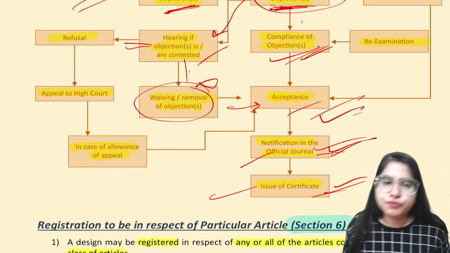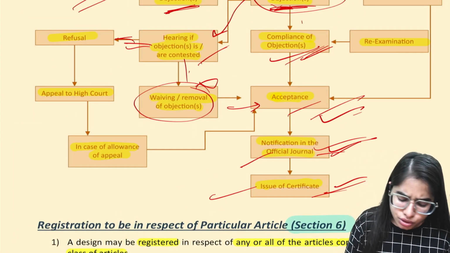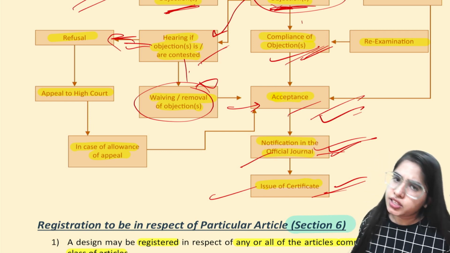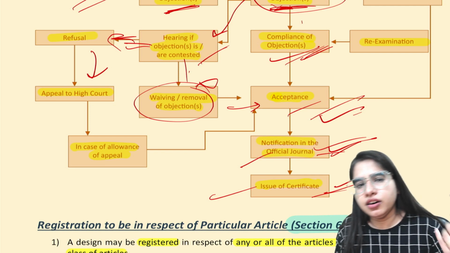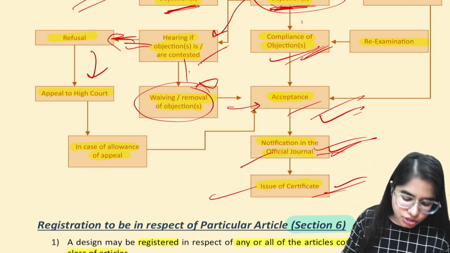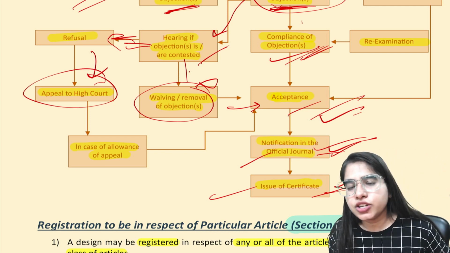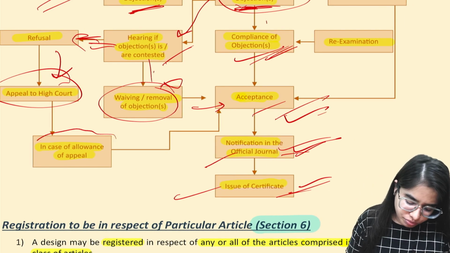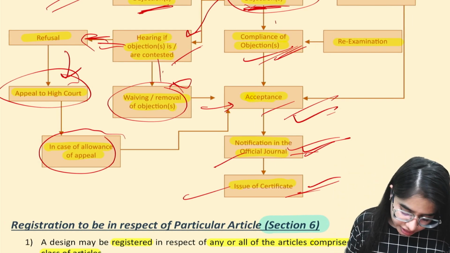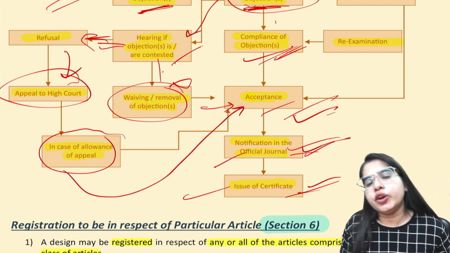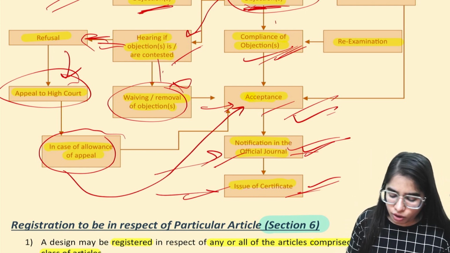However, if they still object and refuse our application, they will reject it. Then you can file an appeal to the high court. Now the high court can either allow or reject. In case the high court allows, your application will be accepted and published in the official journal.